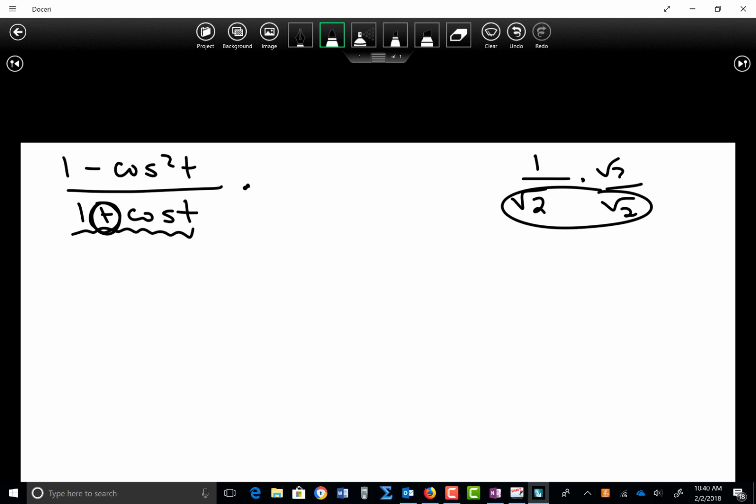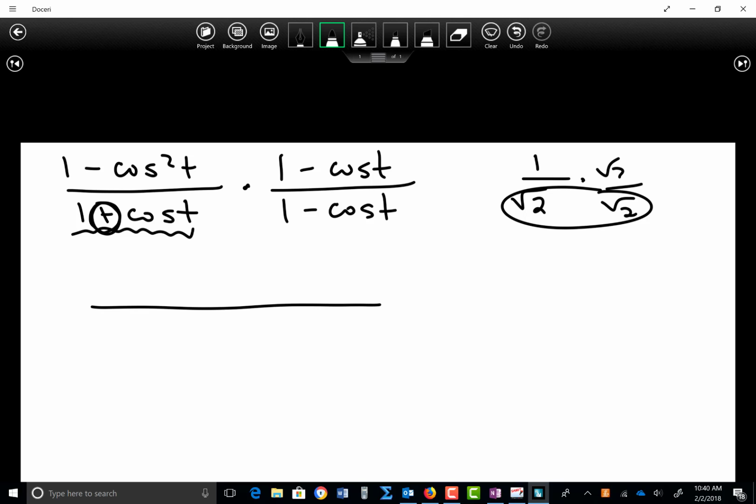So what we would do is we would multiply both the top and the bottom by 1 minus cosine of t. And what happens on the bottom then when we do our multiplication is we get 1 times 1 is 1. 1 times minus cosine is minus cosine.